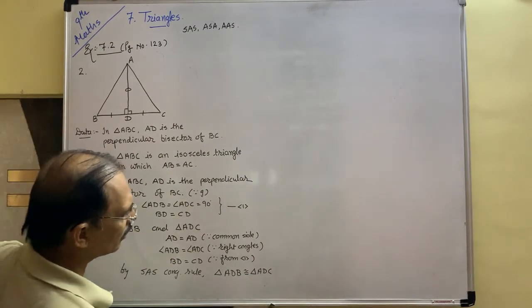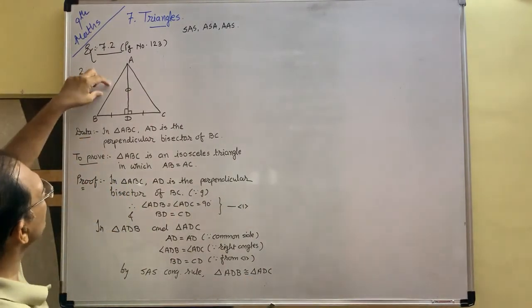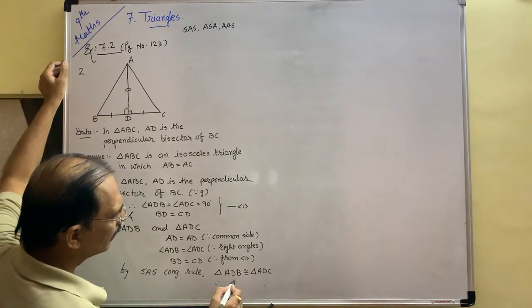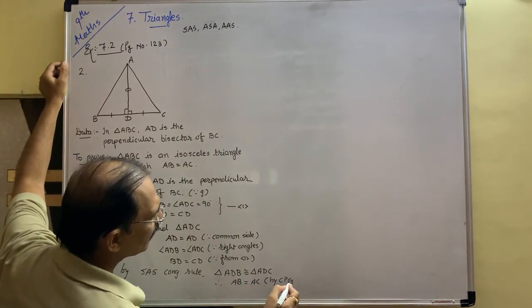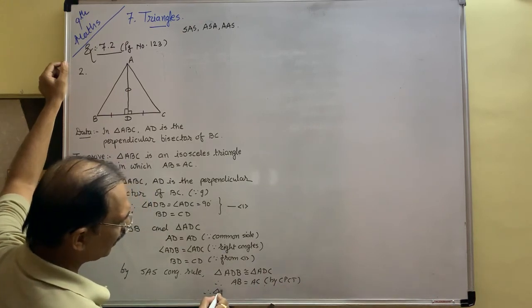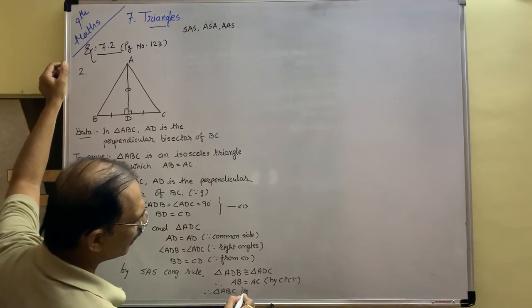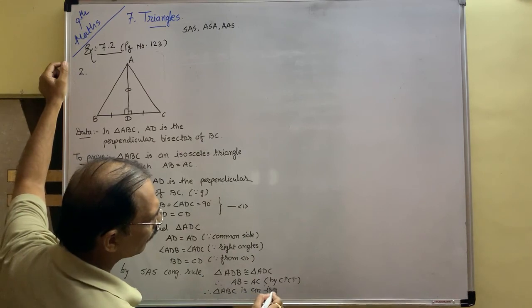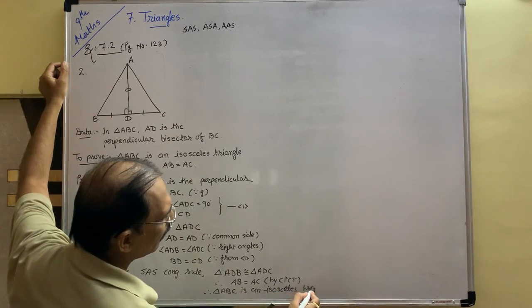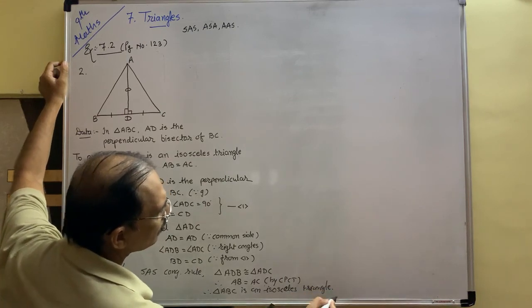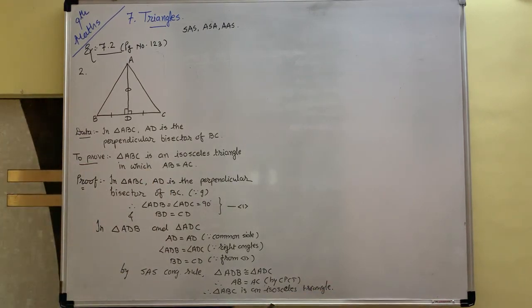If two triangles are congruent, then their corresponding parts AB equals AC by CPCT. And therefore you can write triangle ABC is an isosceles triangle. Is it okay? So write down this. After that we will start number 3.